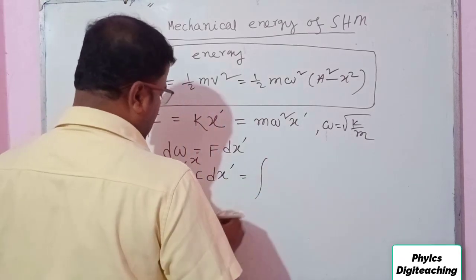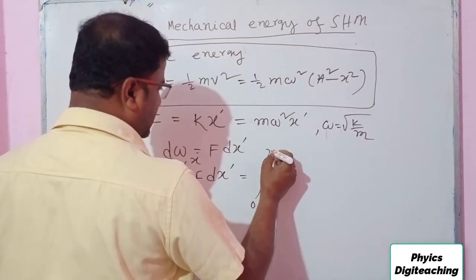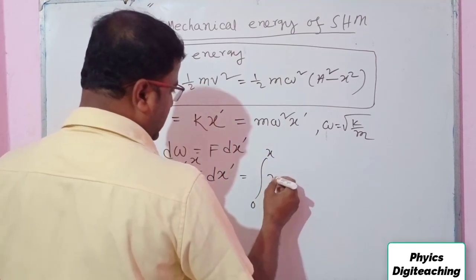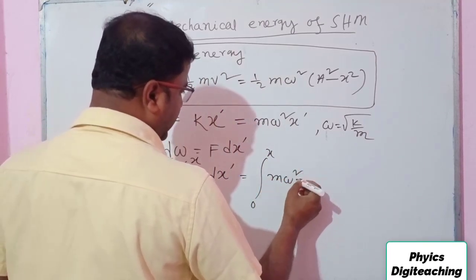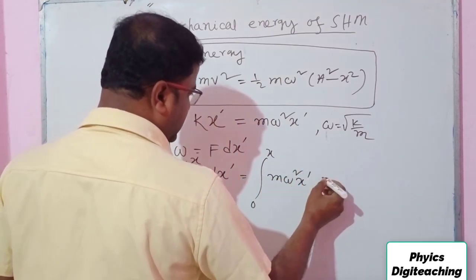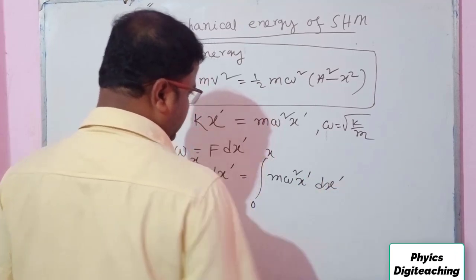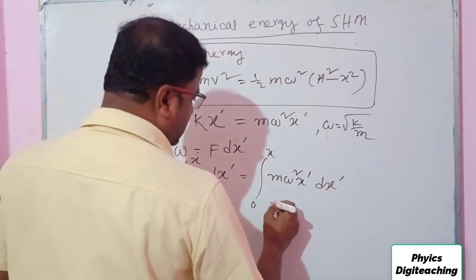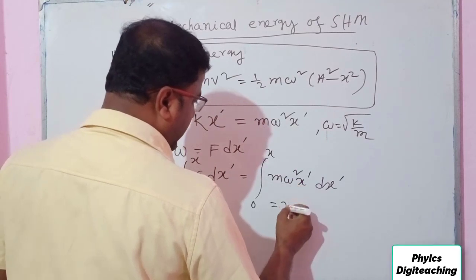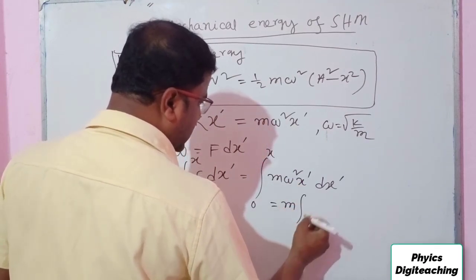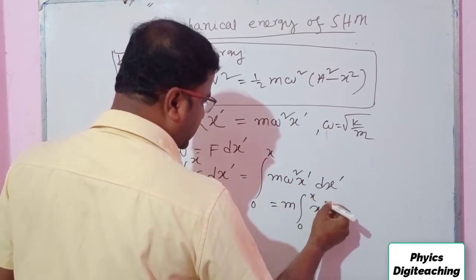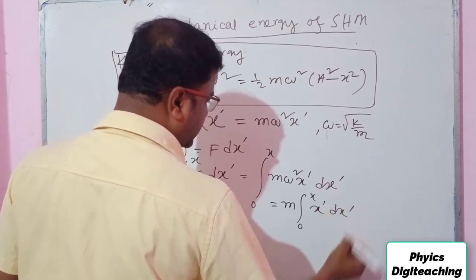Here I substitute the value of the force, which is m omega square x dash dx dash. The constant part m omega square comes out of the integration, and this is the integral of x dash dx dash.